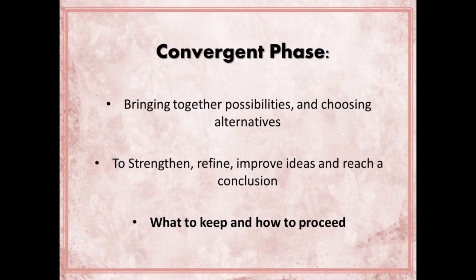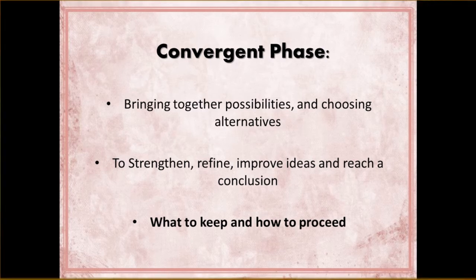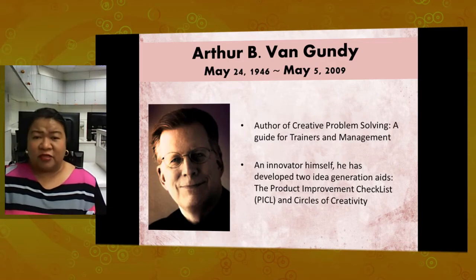So from among choices, you now converge into streamlining your options, strengthening, refining, improving ideas so that you would reach a conclusion and decide what to keep out of all those ideas. Now you analyze them, and you are able to decide eventually on a solution of the problem. So that is convergent.